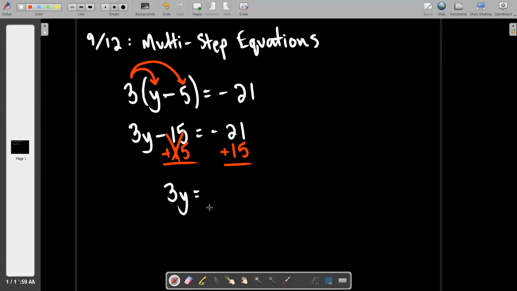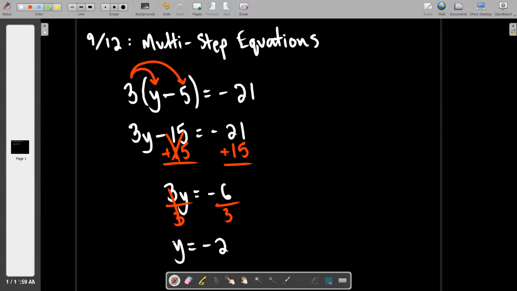You worry about the math once the structure is ready to take it. Now I care. What is negative 21 plus 15? Definitely negative 6. So this is going to turn out to have been a three-step equation because now we have to divide by 3 and divide by 3. And we're going to be left with the solution, which is y equals -2.